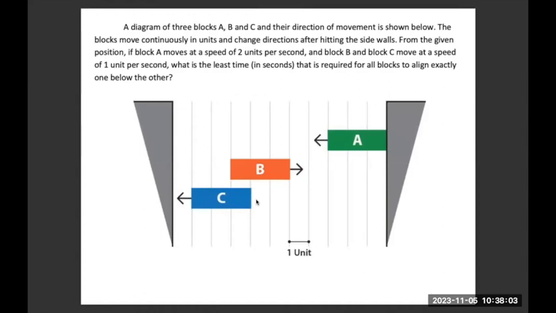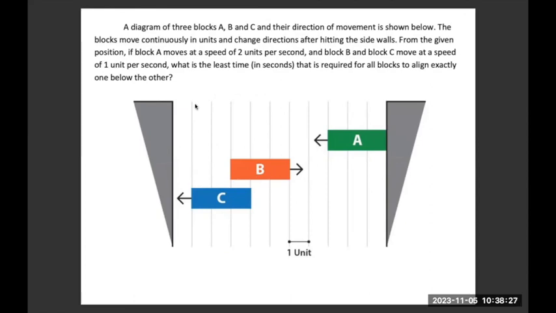Here, you're given three blocks, A, B, C. There's a direction of the arrow which is showing how the blocks are moving. You're given also the speed. A block moves at a speed of 2 units per second. Blocks B and C both move at a speed of 1 unit per second.